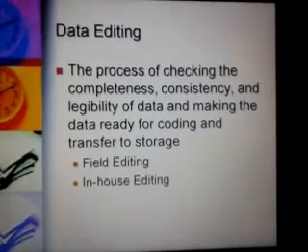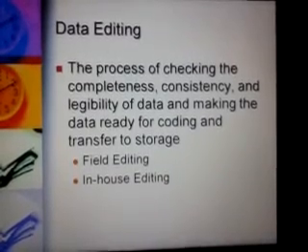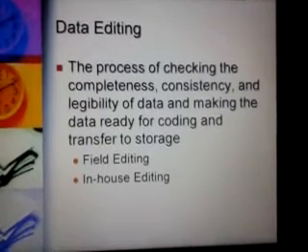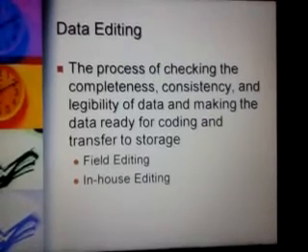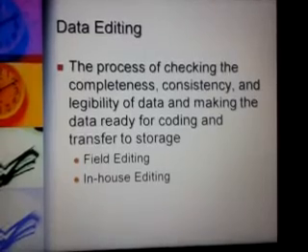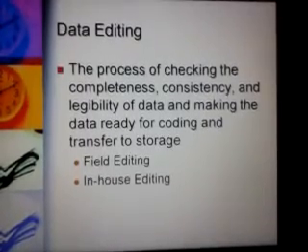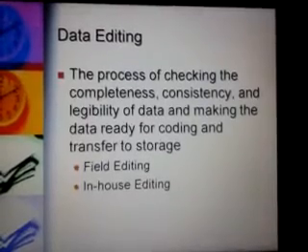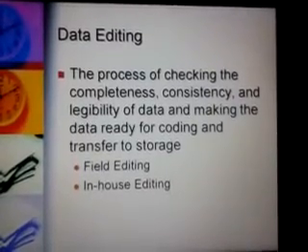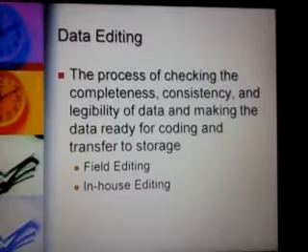In-house editing means the data is collected by the field persons, and then that is stored at a place, and then the researcher sitting at a place goes ahead with the editing of the data. So there are two options: either the researcher can go for field editing, or for in-house editing.